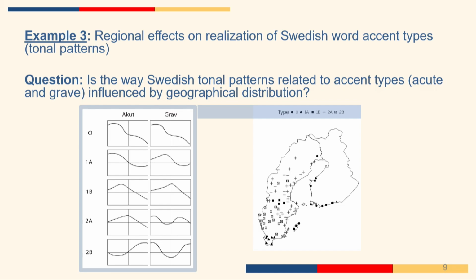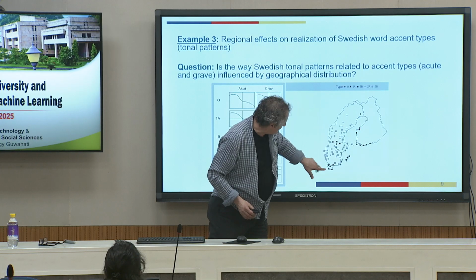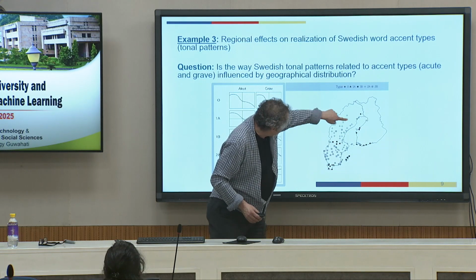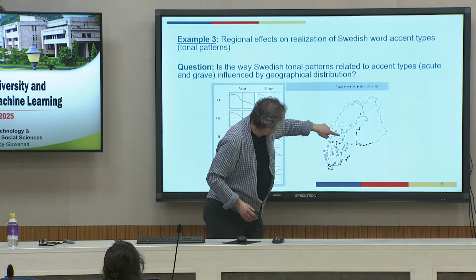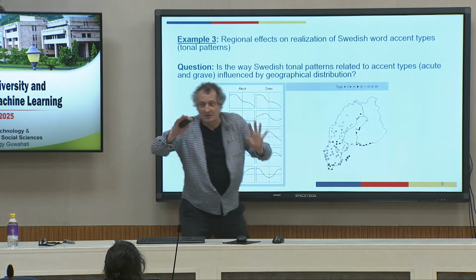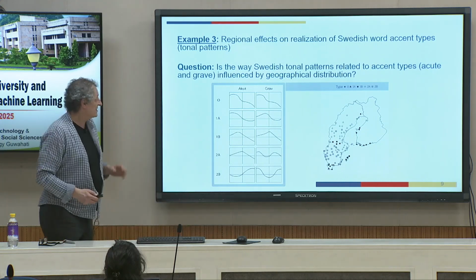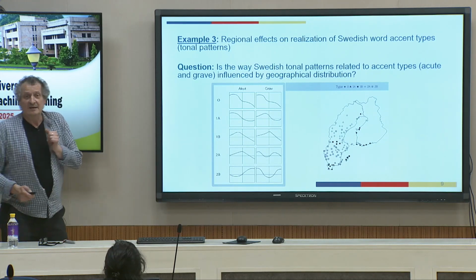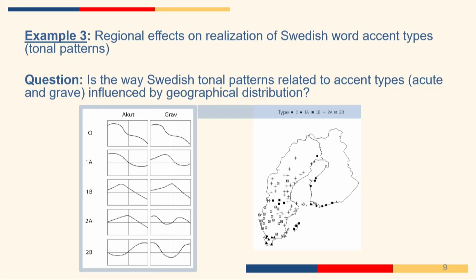So these are different types. You can see this triangle type here, or these types marked by crosses, is spoken all the way down here, and even on this island here, and it's all a little bit mixed up.